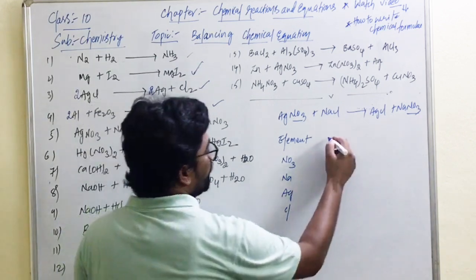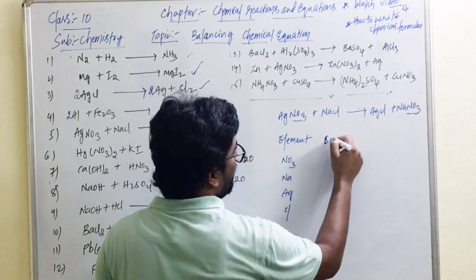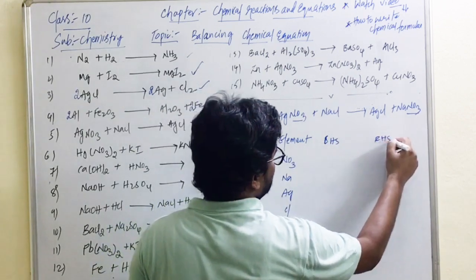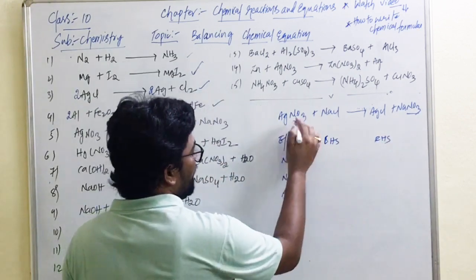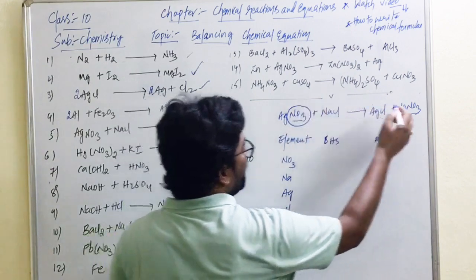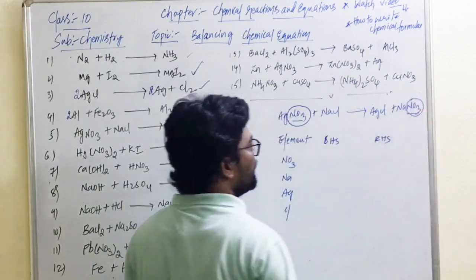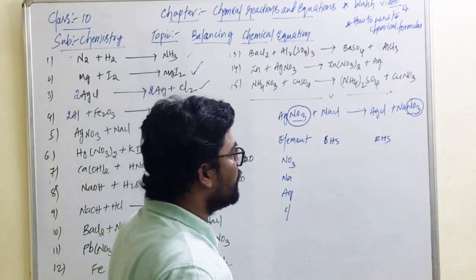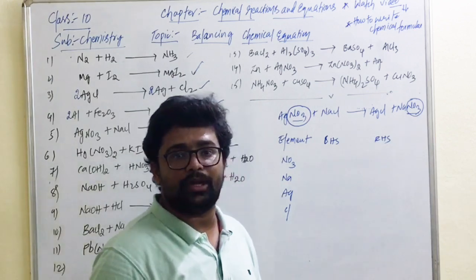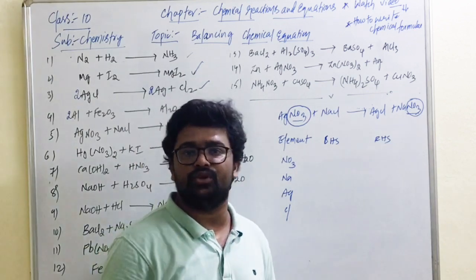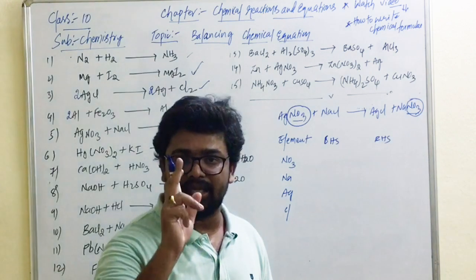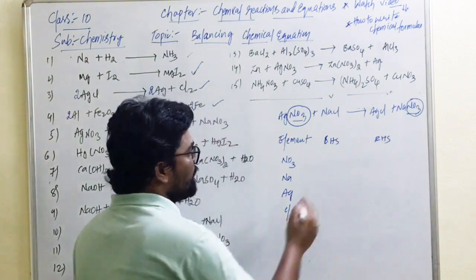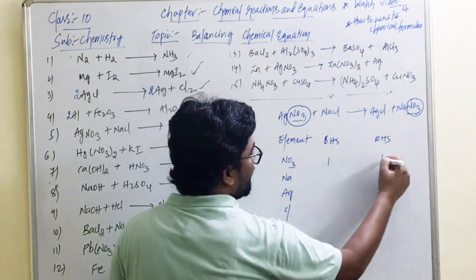Now the number of atoms on LHS and RHS. Now count nitrates. We have a nitrate unchanged on the product side also. Remember once again, whenever there is a polyatomic ion unchanged on both sides of the equation, count it as a single unit. Nitrates are 1 on the left hand side, 1 on the right hand side.